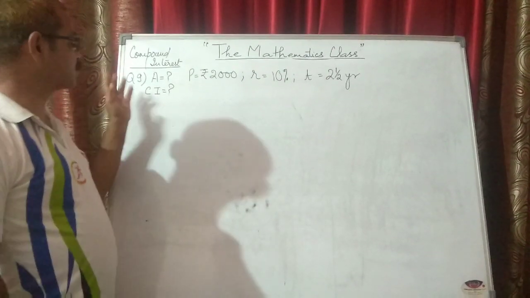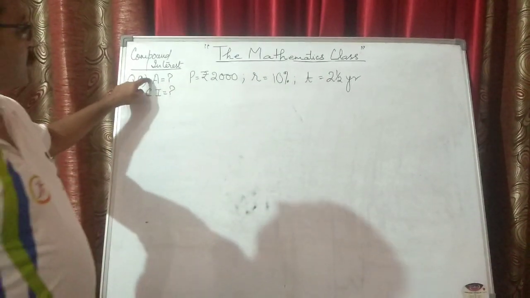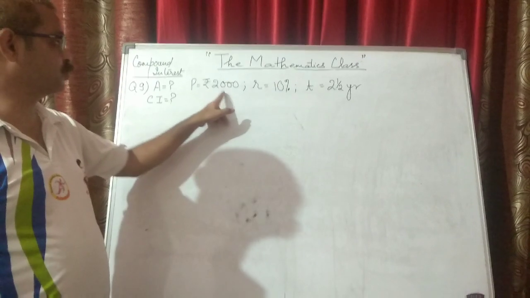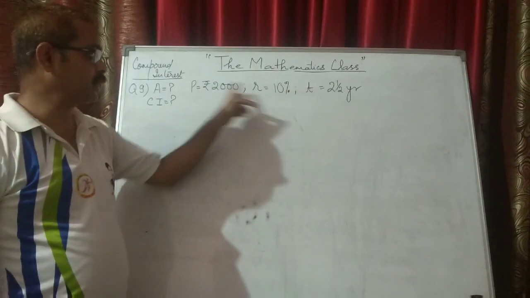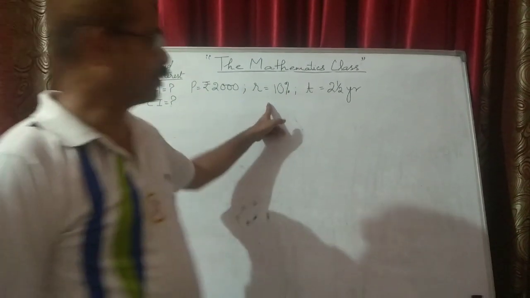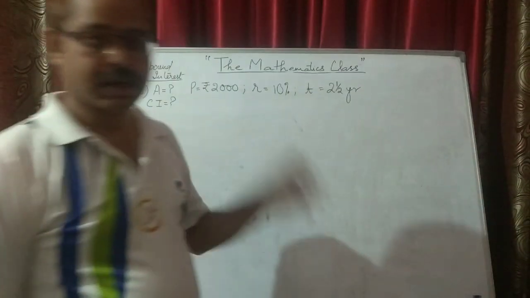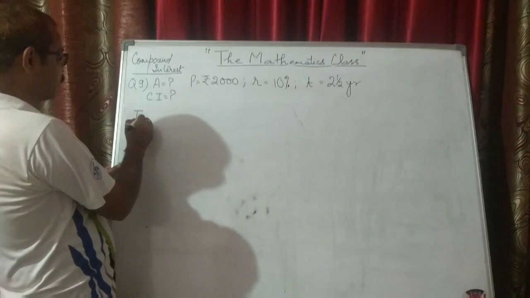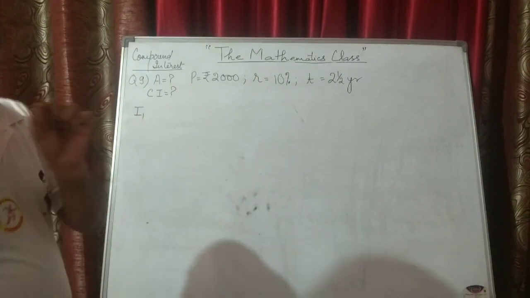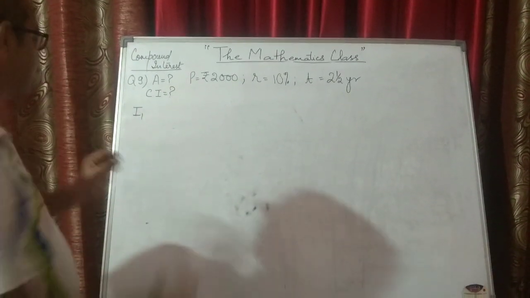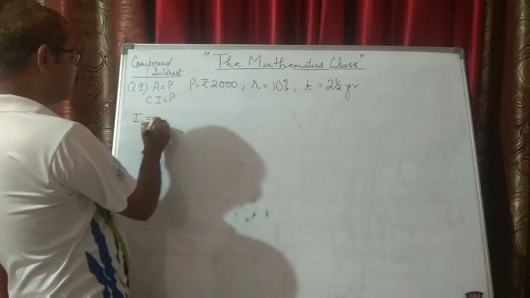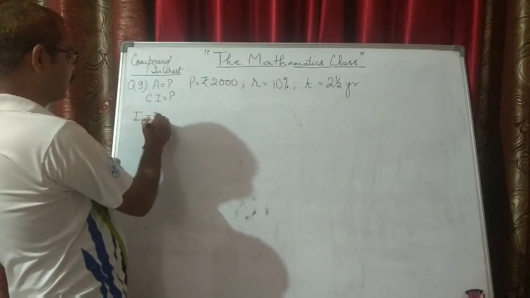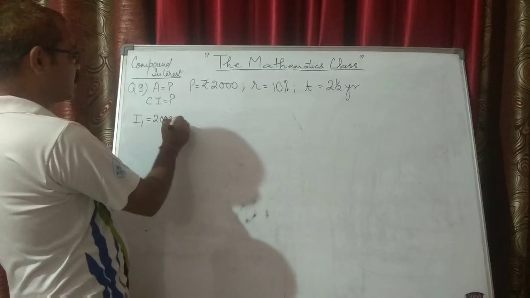Next question is question number 9. Find amount and compound interest for 2,000 rupees, that is the principal, at 10% rate of interest, and time is 2.5 years. So we will find the interest. First I1 will be the interest for the first year. That will be P1, P1 is 2,000 rupees.